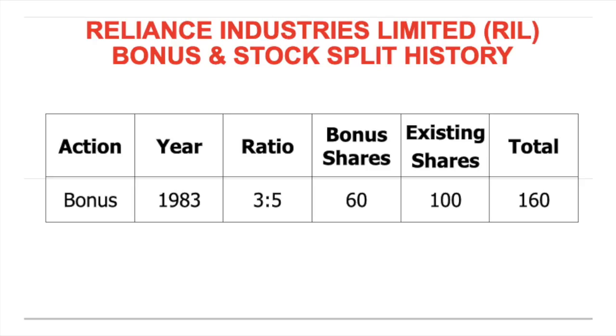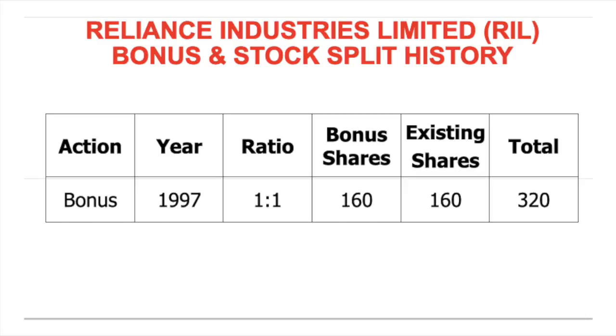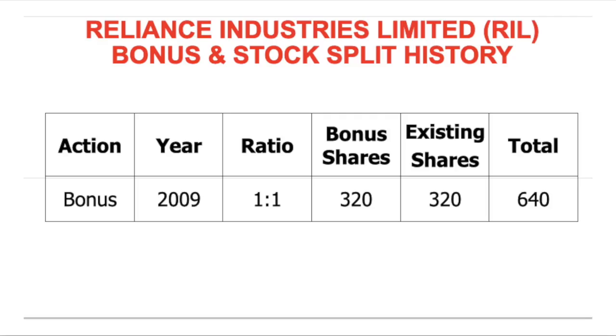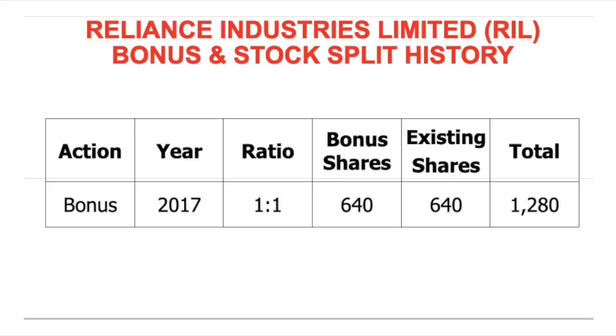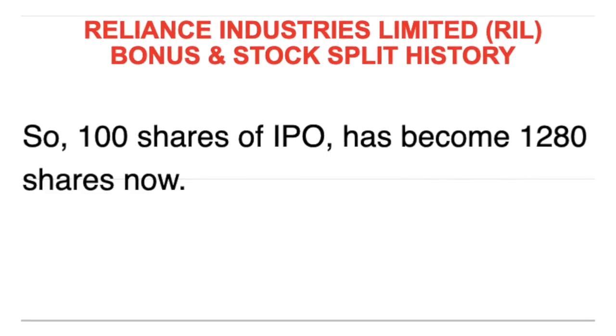The first bonus in 1983, 3:5, 100 shares became 160 shares. 1997 second bonus 1:1, 160 became 320 shares. 2009 third bonus 1:1, 320 became 640 shares. 2017 1:1, 640 became 1,280.